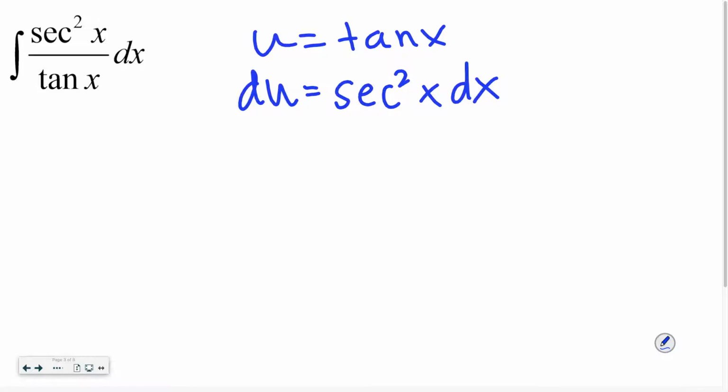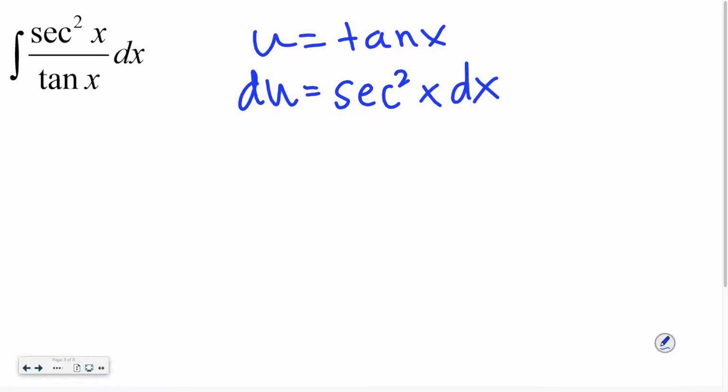Is u always the denominator? How do we know? What Nicole pointed out is that secant squared is the derivative of tangent. So we knew that if we let u equal the tangent, its derivative secant squared is there for us.